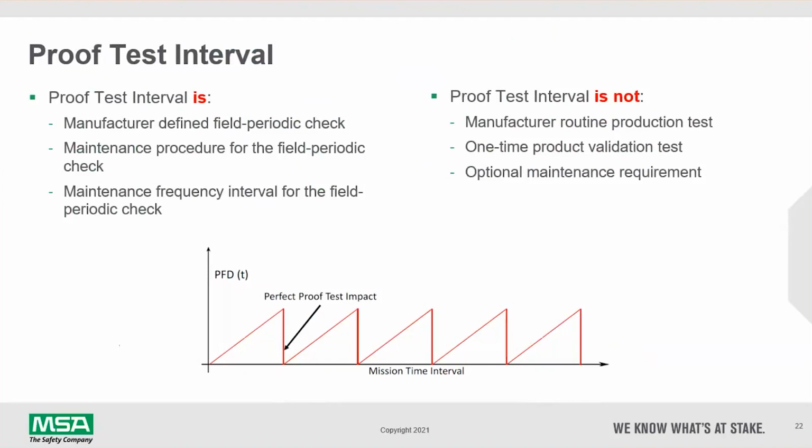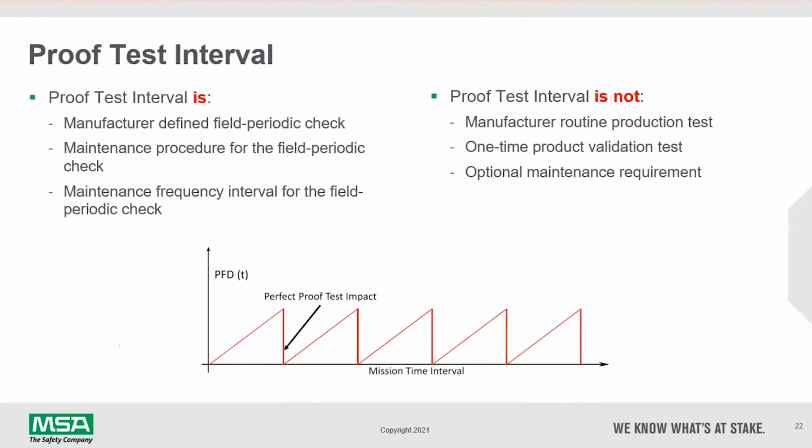The way this proof test interval works with a perfect proof test is there is a duration of time of operation of the product, and then there is the probability of failure on demand over time of that product.